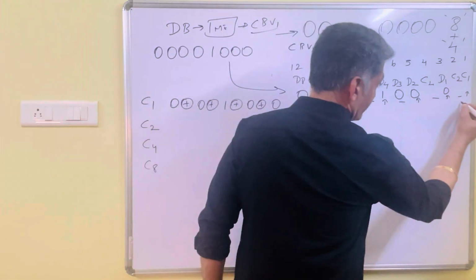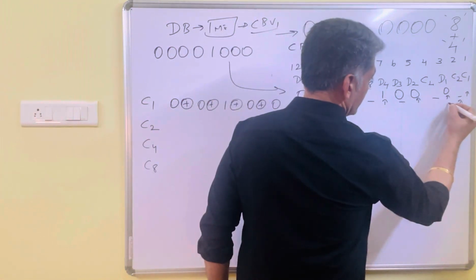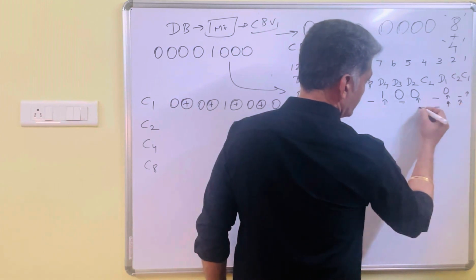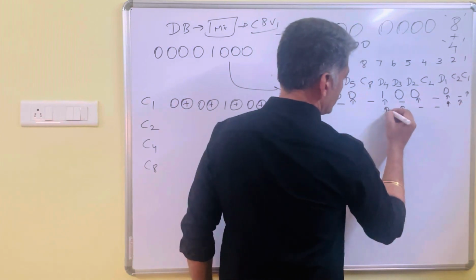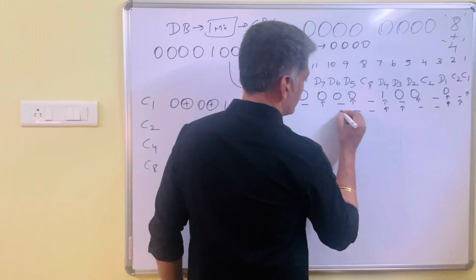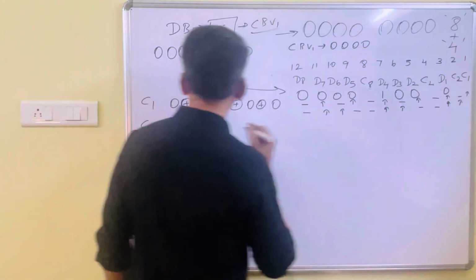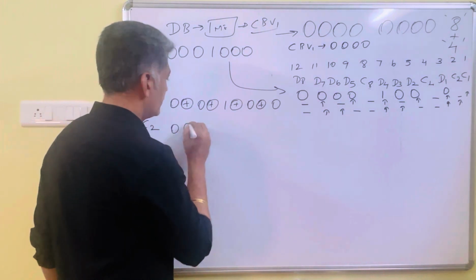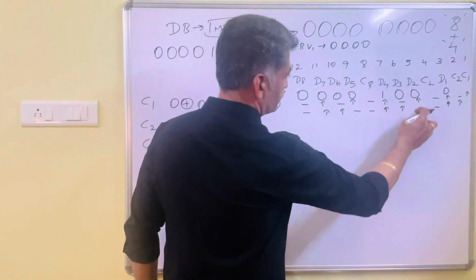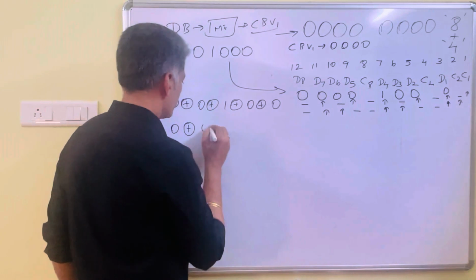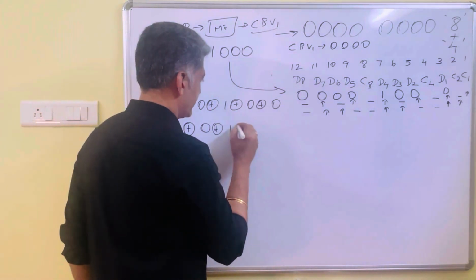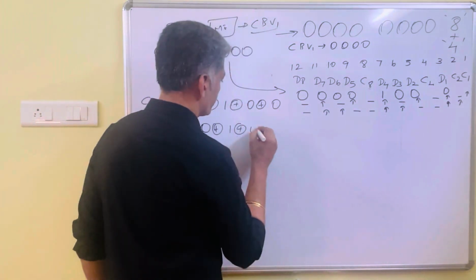So you need to start from here. Check 2 bits, leave 2 bits, check 2 bits and leave 2 bits, check 2 bits and leave. Okay, this is how. Check 2 bits means here 0 will be there, XOR, leave 2 bits, and here 0 is there, then 1 is there, after that again 2 zeros, right?